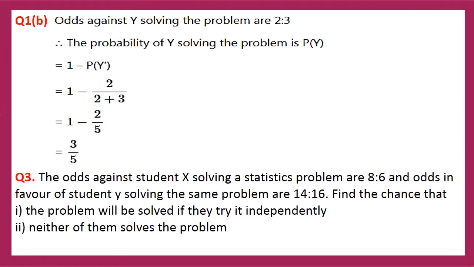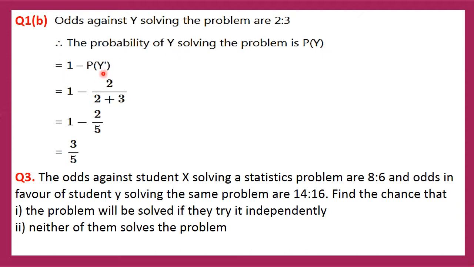Now we see the B part of the question, that is odds against y solving the problem are 2:3, given. Then probability of y solving the problem is P of y, which is given by 1 minus P of y dash.